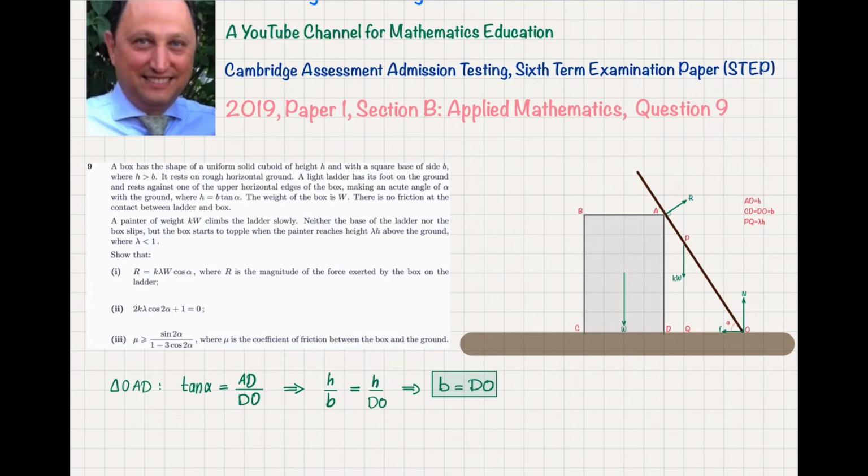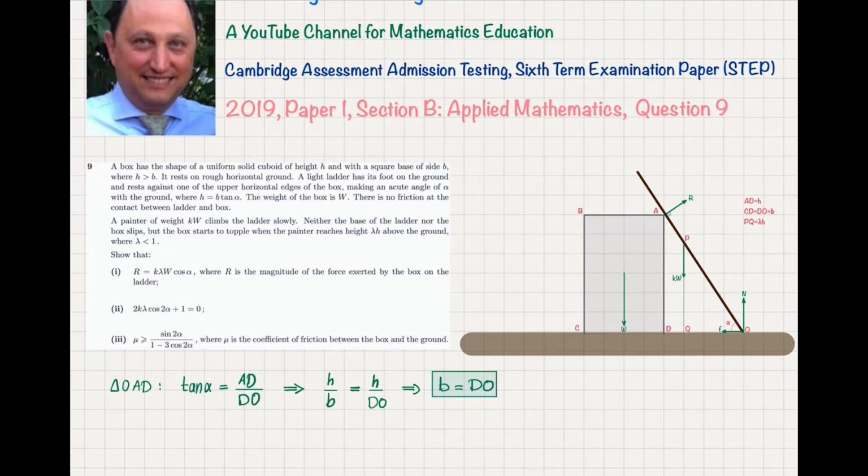So first I need to know the forces acting on the ladder. One of them, according to the problem, is the force exerted by the box. The other one is the force acting on the ladder because of the reaction between the painter and the ladder, and it has been assumed that the magnitude is k times W.